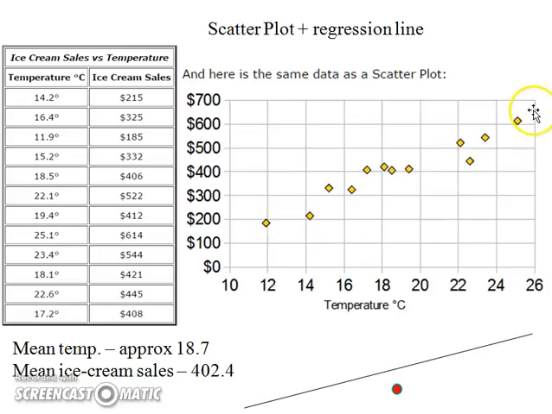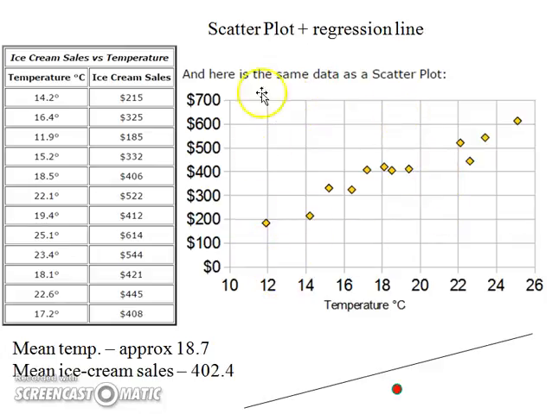And since the points are pretty compact, very close to each other, it seems like we have a strong correlation. Now this scatter plot is done.